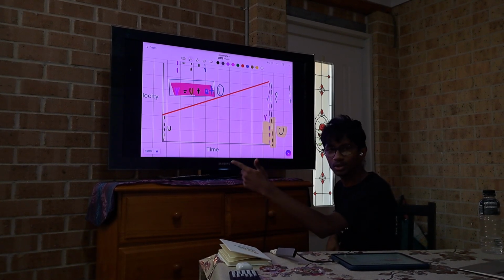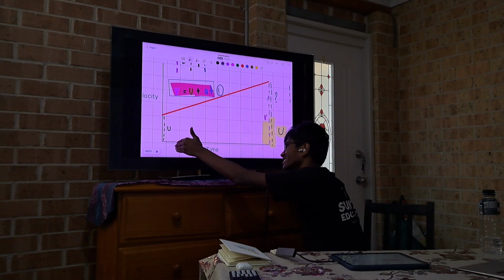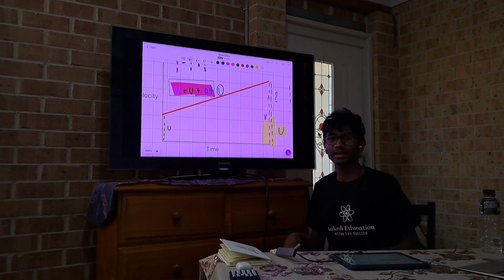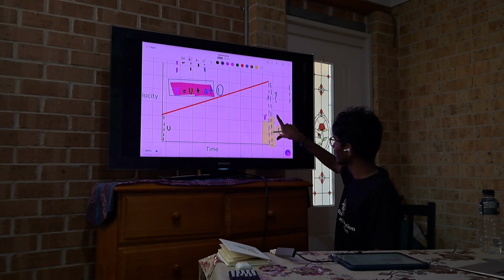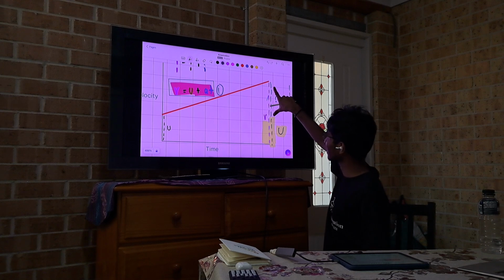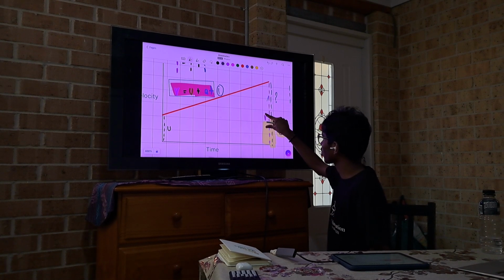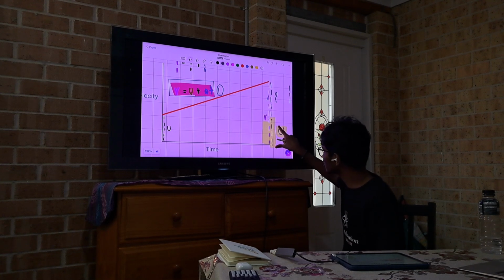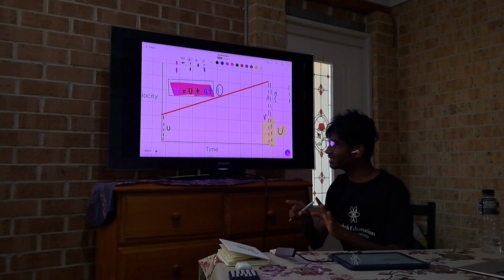U is the initial velocity, v is the final velocity. So basically, if you take this u, put it here, it's this u plus this something value that's equal to your velocity. Easy.